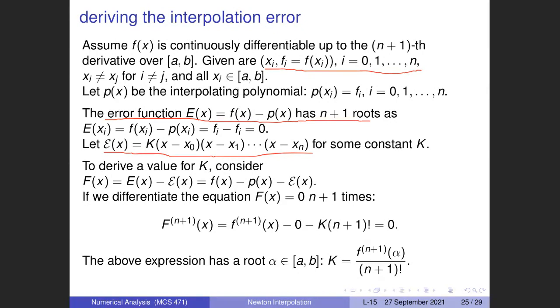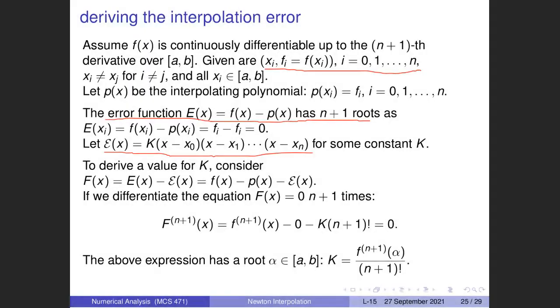So this is the polynomial. That's probably the most important thing. So the error function is in general not a polynomial, but we can represent it by a polynomial.